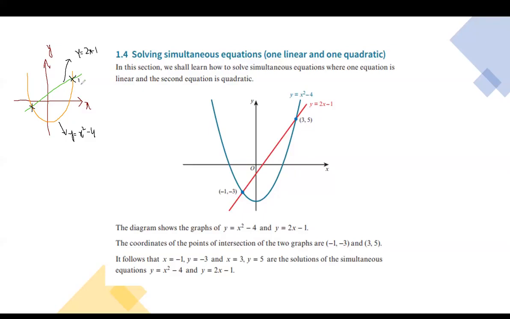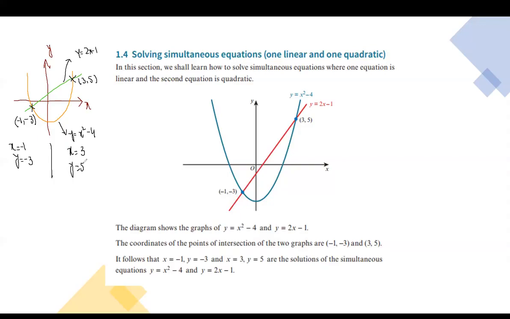The points are (3, 5) and (-1, -3). So in this case, x equals -1 and y equals -3, and in this case, x equals 3 and y equals 5.